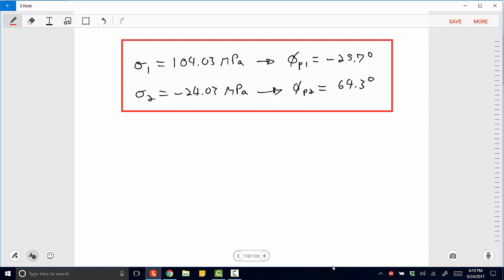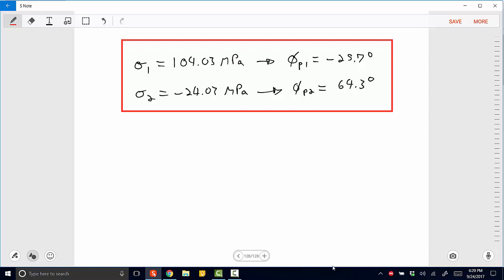Now you may be tempted to directly find sigma 1 and sigma 2. You may be tempted to just use the equations we have for sigma 1, sigma 2. And you would be able to find those, and it would tell you which one is sigma 1 and sigma 2. But the problem is that you wouldn't then be able to take those numbers and associate them with the correct angles.